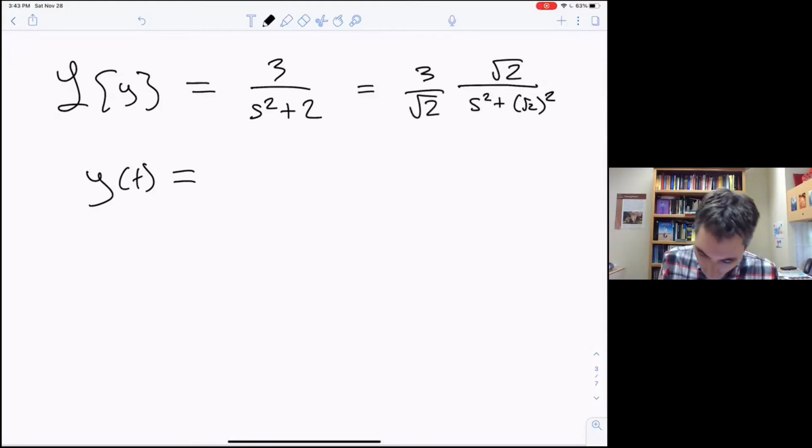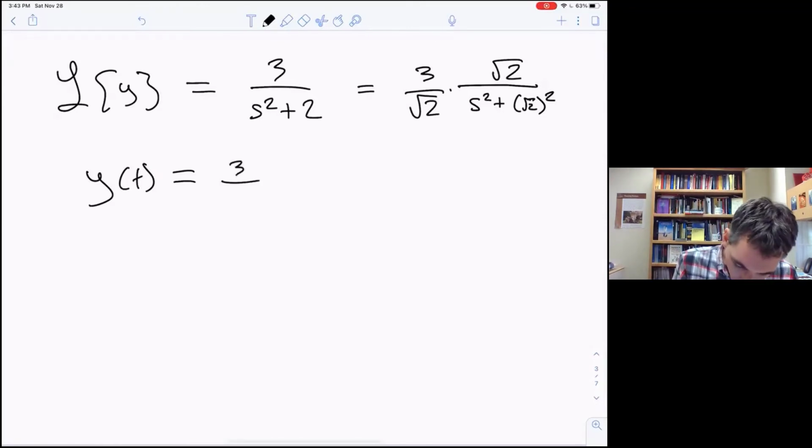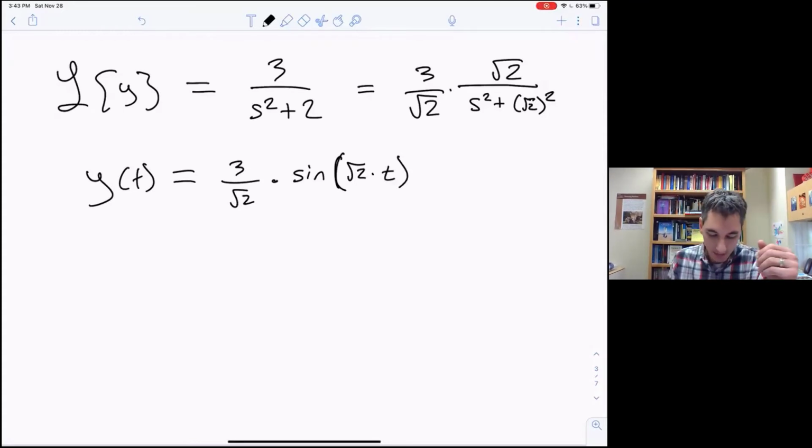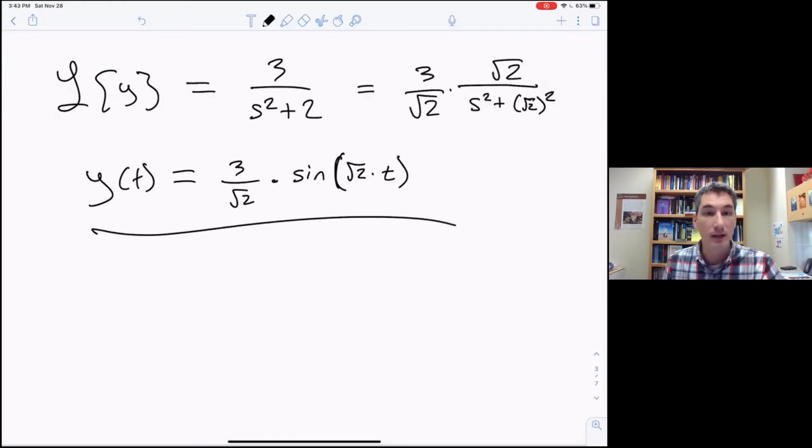You can't just write root 2 in the middle of nowhere for no reason. So if I write root 2 over root 2, that didn't change it. I factored out the 3. And now I've got it looking exactly like a sine function, right? So I'm going to get 3 over root 2 times the sine function of root 2t, okay? And that is the solution right there.